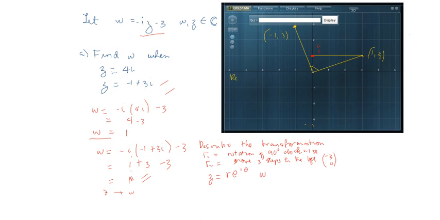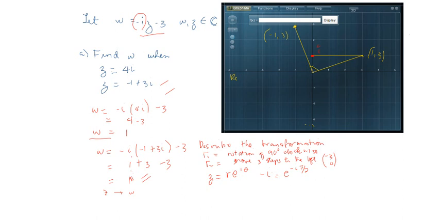Negative i, which is what we use here, equals e to the negative i pi over 2, that's 90 degrees clockwise.